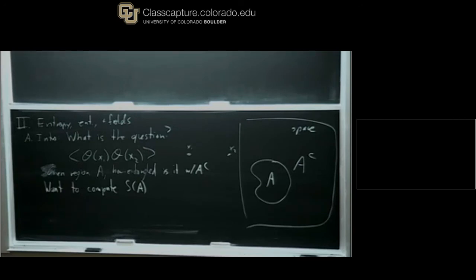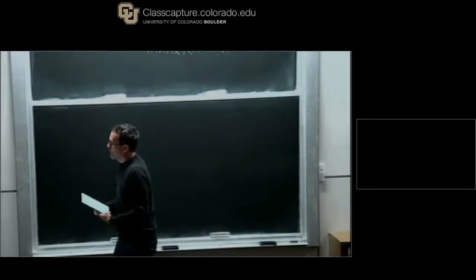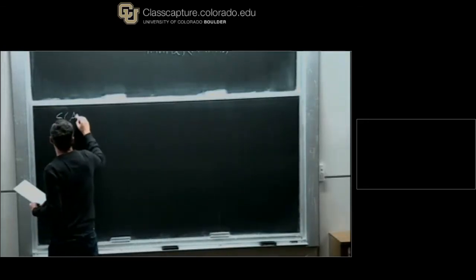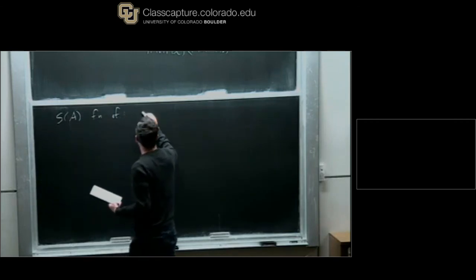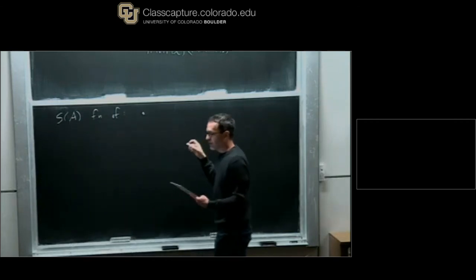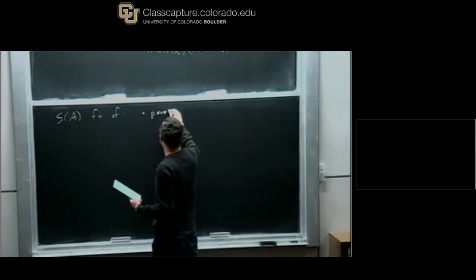So that thing, let's just stop and think for a second, assuming we are able to compute it, what is it going to depend on? So S of A is going to be a function of, well, first of all, the theory, in other words, whatever parameters enter into the theory.